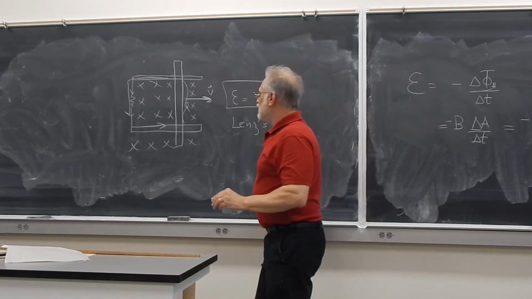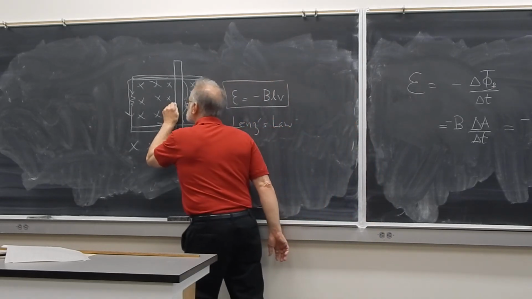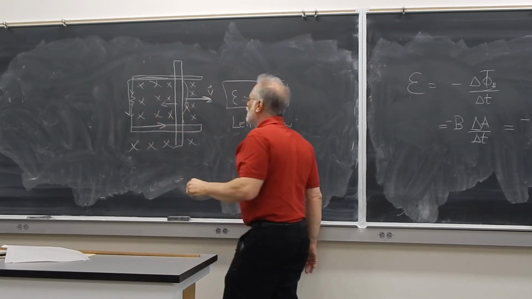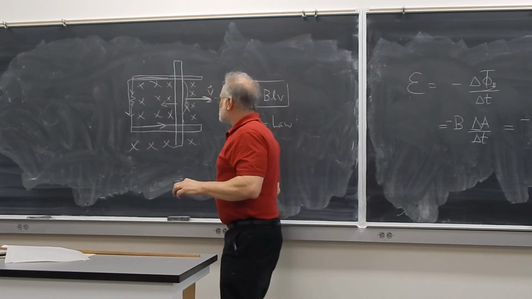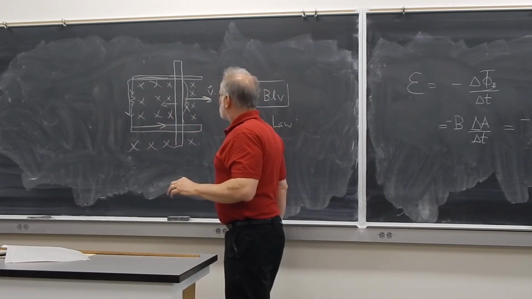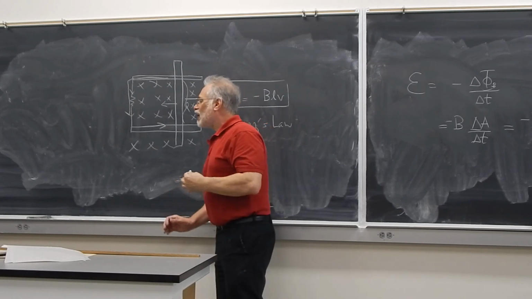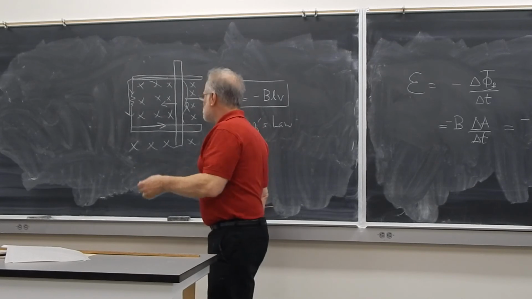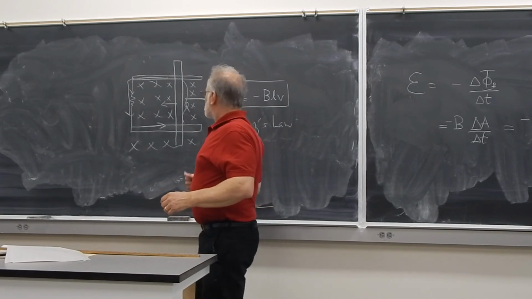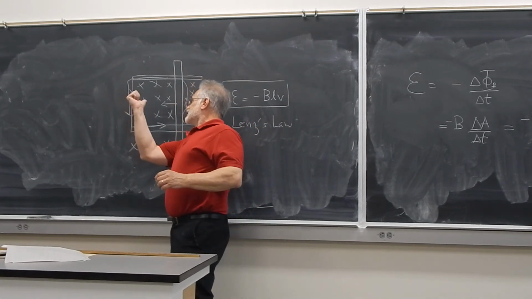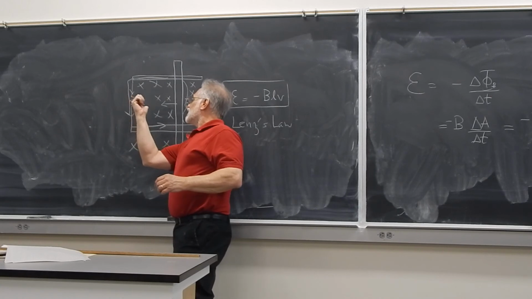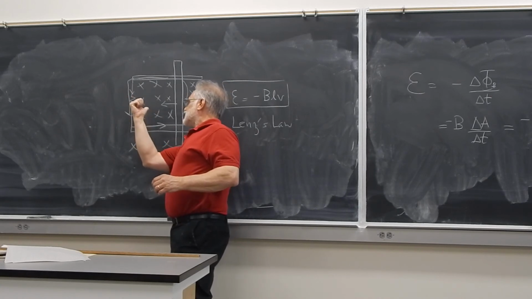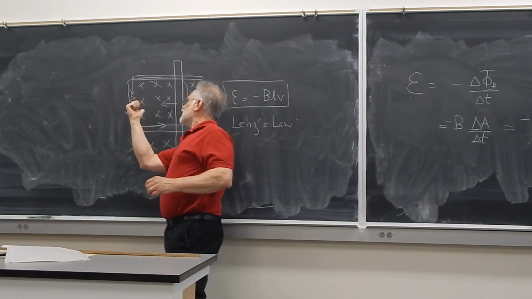On the other hand, if I were to move this bar to the left, in that case, I would be decreasing the magnetic flux. Nature opposes that decrease as much as it would oppose the increase from before. It's going to want a magnetic field that goes into the board to compensate for this attempt to decrease the magnetic flux.